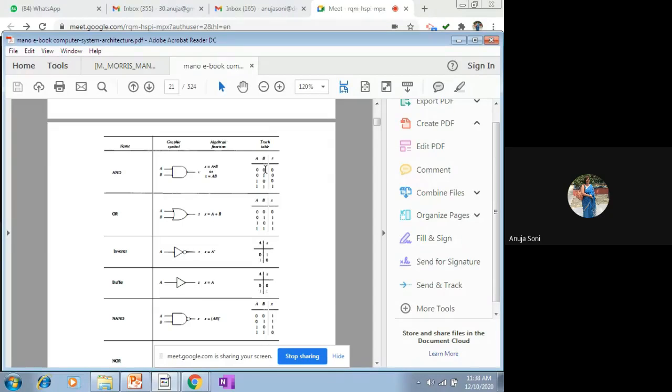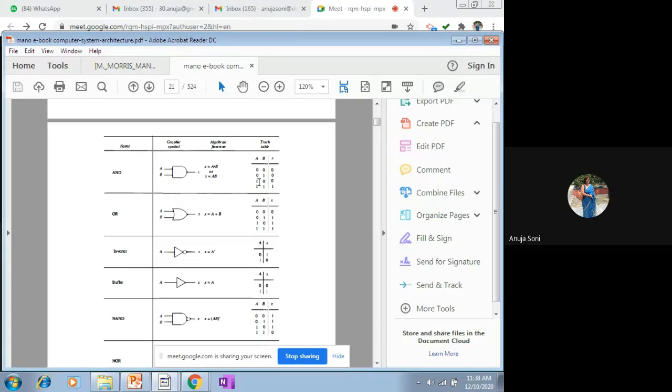Machine language is a language of zeros and ones, or the binary language. And the smallest unit of the binary language is the bit.